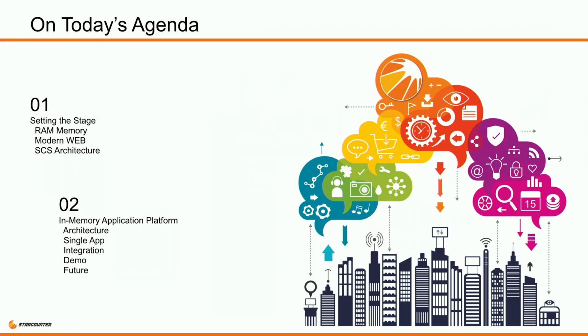So what's on today's agenda? Well, first of all, I would like to have a quick look at the enterprise software architectures of today, what are the challenges and what are the actual problems with that. Then I would like to introduce 3 technology areas or ingredients that we are going to mix today to show this new approach that we would like to promote.